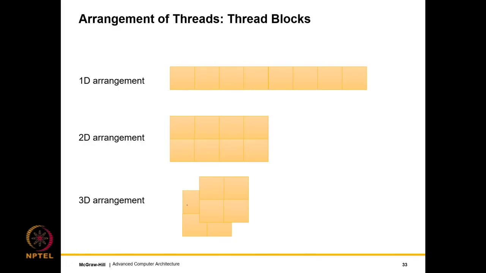As I discussed in the last slide, GPU threads have an arrangement. If we want, we can arrange them linearly on a single axis, as we just saw. We can have a two-dimensional arrangement where every thread has an x coordinate and a y coordinate, or a 3D arrangement where the threads have x, y, and z coordinates. All 3 arrangements are possible, each with its advantages.